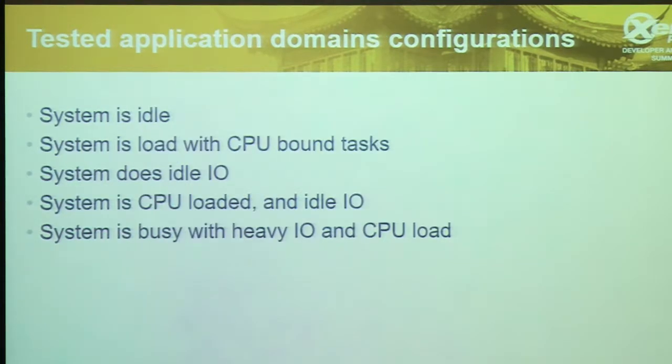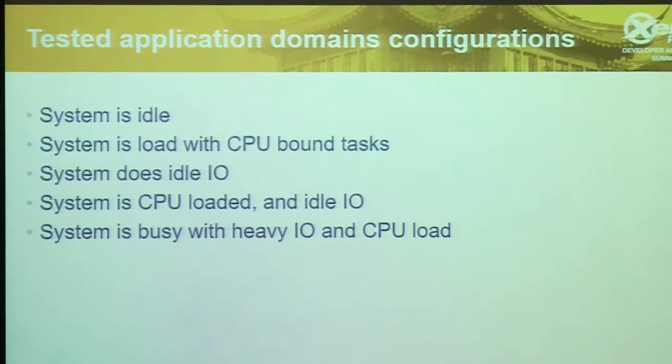Okay, then from the application domains, we have different use cases. The system is idle, then the system is loaded with CPU-bound tasks, then the system does idle I/O. In our case, it means we have just loaded all the system with Android, but, let's say, no interaction, no video playback, no networking activities, and so on.